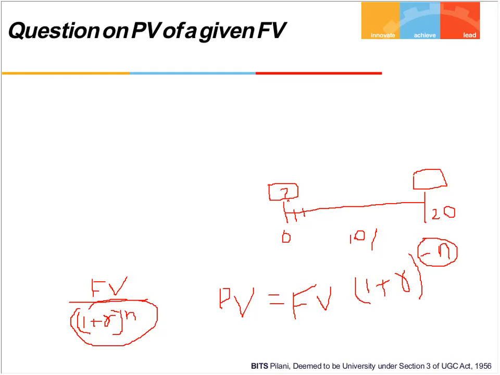So I was saying here, future value divided by 1 plus r to the power n is the formula for present value. This 1 plus r to the power n, which is in the denominator, if you move it to the numerator, those of you who are aware, in algebra, let's say you have plus 2 on the right hand side of the equal to sign. If you want to bring this to the left hand side, it becomes minus 2.